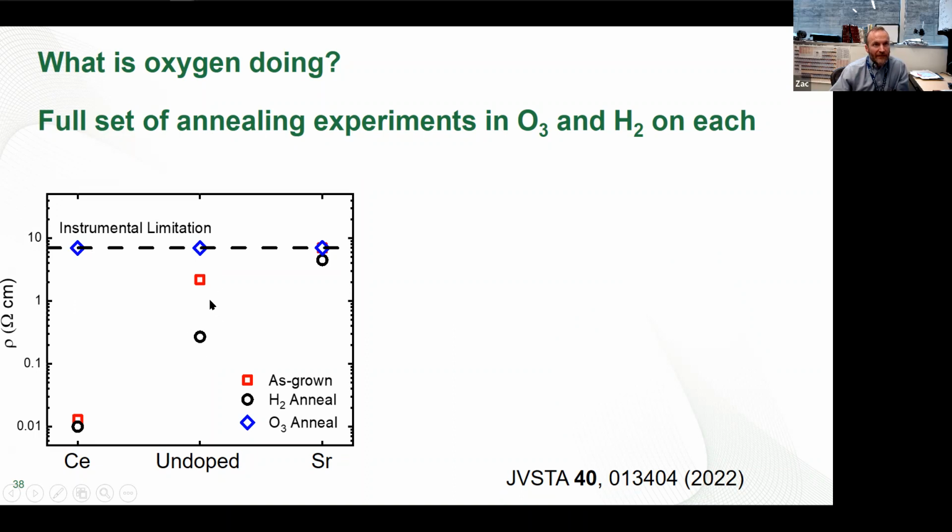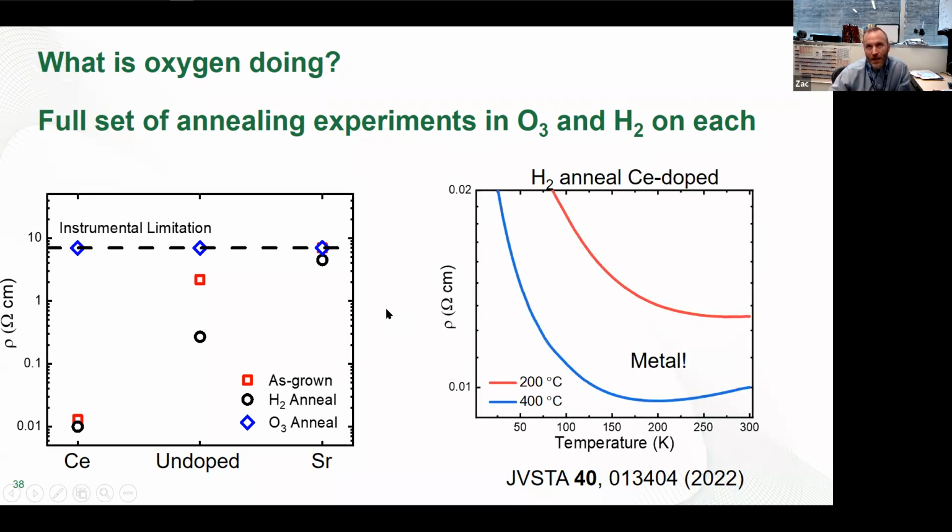Undoped, you see we have kind of this similar response where pulling oxygen out or pushing oxygen into it. And then strontium, there's just really nothing we could do to that guy to move it around. But we can say that at least with the hydrogen on the cerium doped, we did get it to go metallic. So these are two different annealing temperatures. So we can get this thing to go to metallic, but we never saw any of these go superconducting.